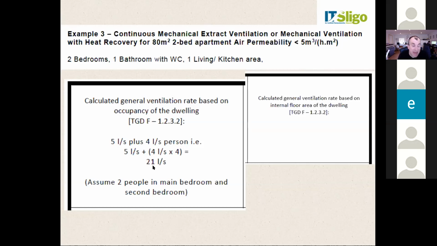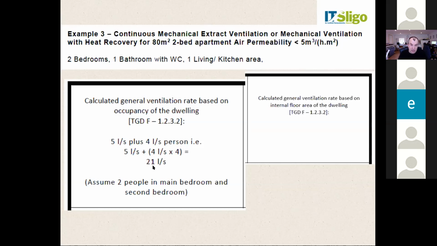We then work out the calculated general ventilation rate based on the internal floor area of the building. That is done by multiplying 0.3 by the area, and the area is 80 meters squared. So on another piece of paper, work out 80 multiplied by 0.3.